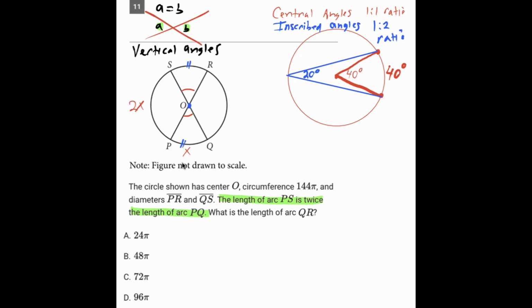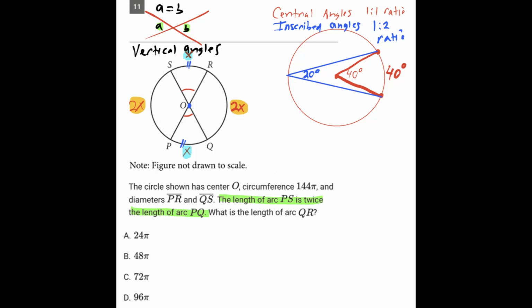But in any case, if PQ has a length of x, then we know SR has a length of x, because of the whole idea of the vertical angles and the central angle having a 1-to-1 ratio with the arc. So long story short, if this has a length of x, then this has a length of x. And similarly, if this has a length of 2x, then QR also will have a length of 2x.